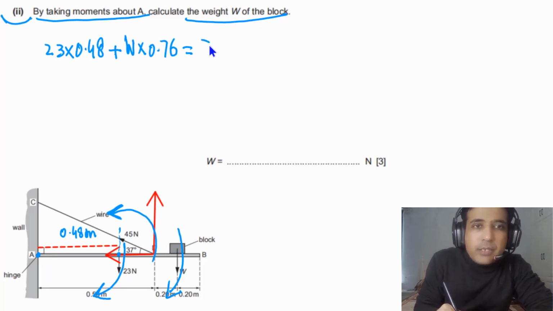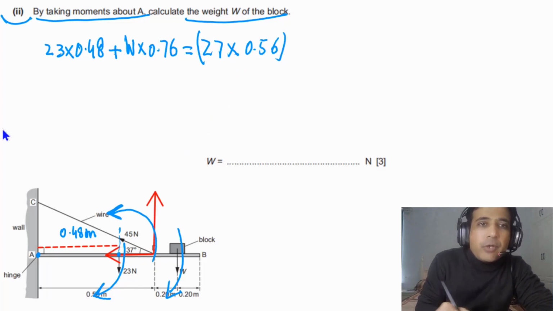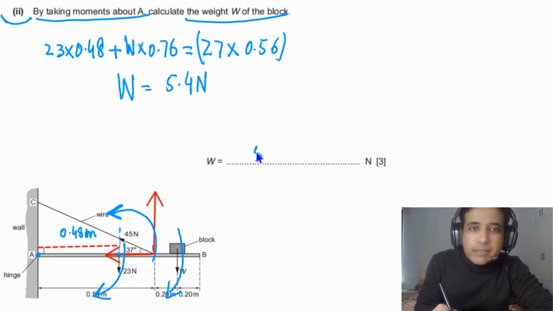The vertical component we have calculated, that was 27, times this distance, that is 0.56. Now simply we need to solve for W, and our answer in this case will be equal to 5.4 newtons up to 2 SF. So our answer is 5.4 newtons. So this is how you can figure it out.